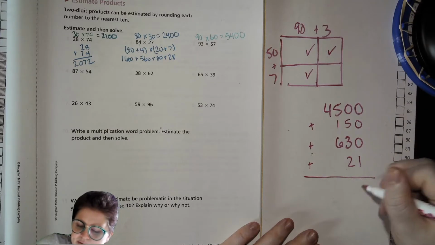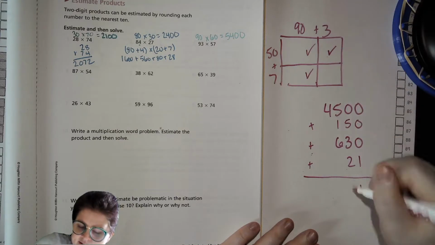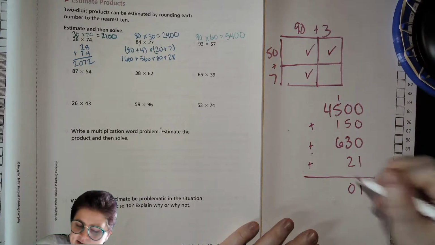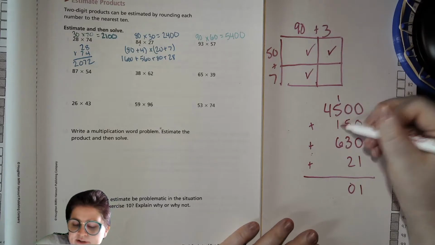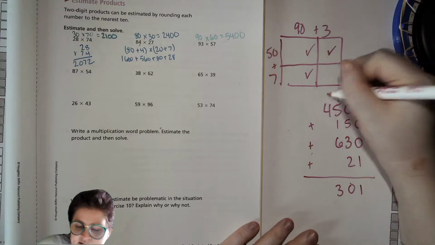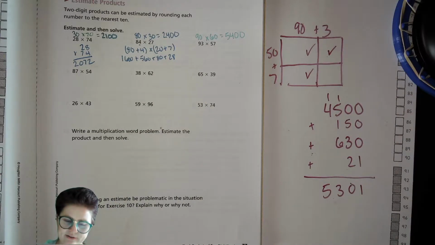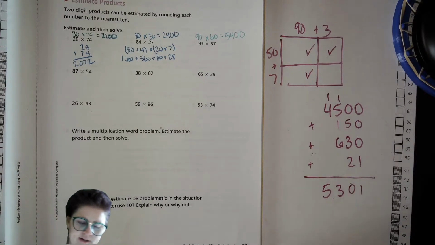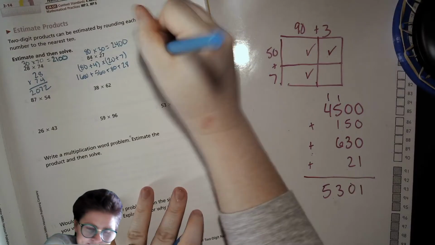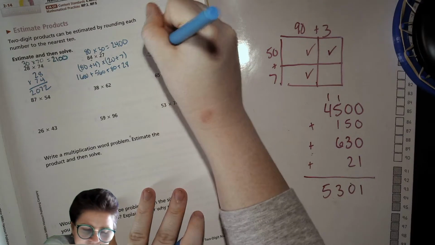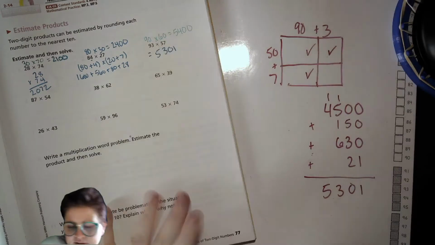Adding it up, 1, 10, that's 11, plus 2 more, so 13. So it was supposed to be pretty close to 5,400, and it's 5,301.